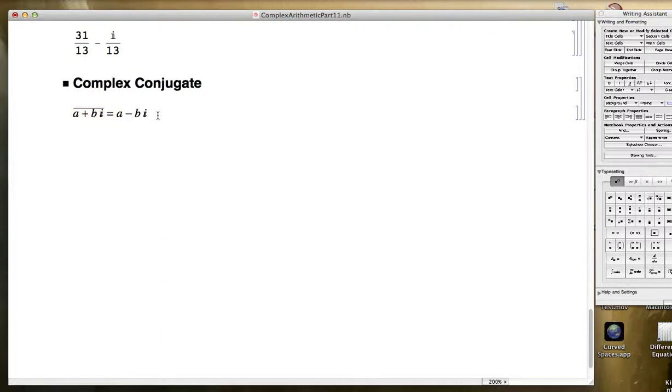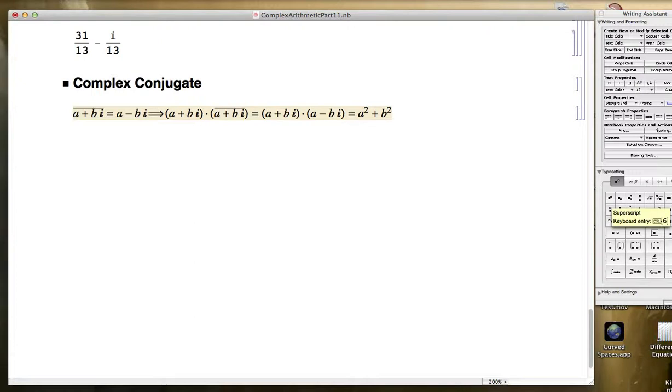Anyway, watch what happens when you multiply a complex number times its complex conjugate. What do you get? Just go ahead and multiply it out. I'll leave it to you to check that you'll get a squared plus b squared, a real number, in fact a non-negative real number.